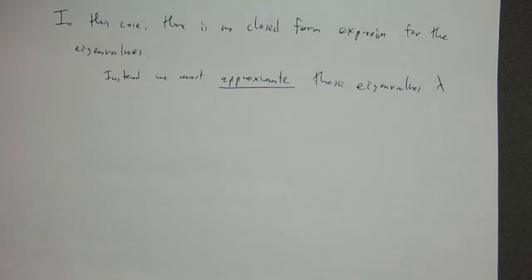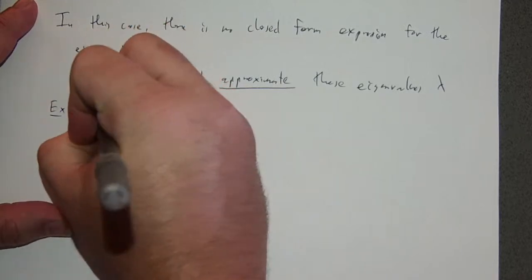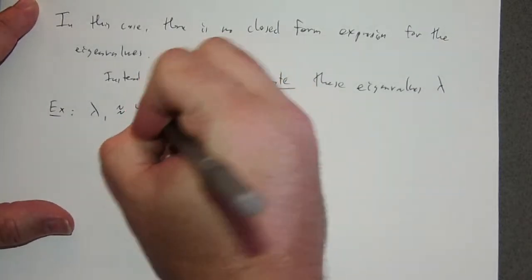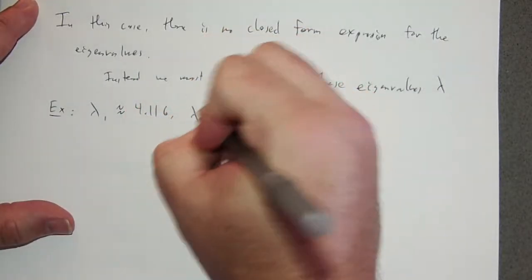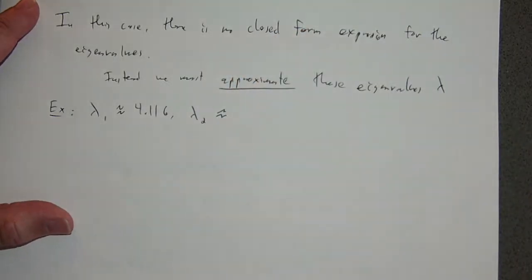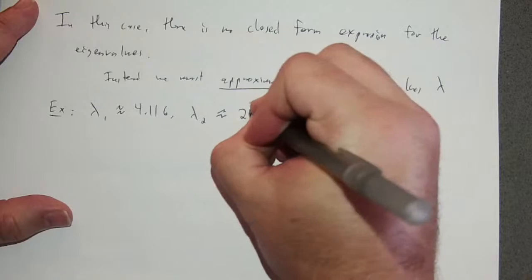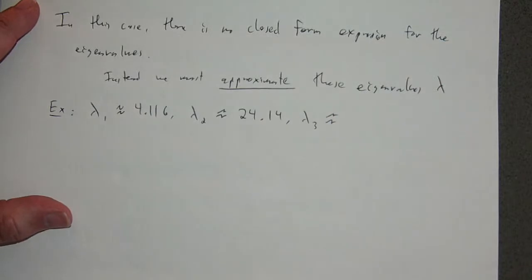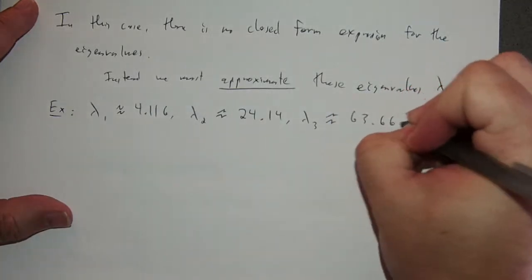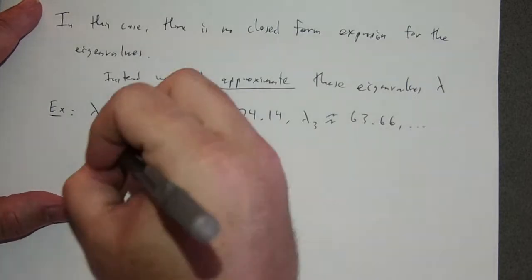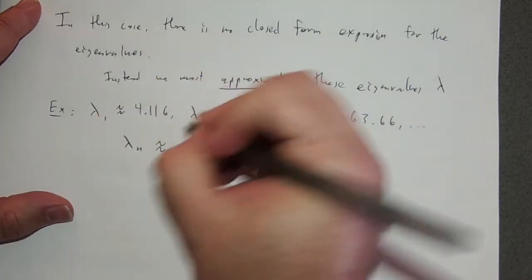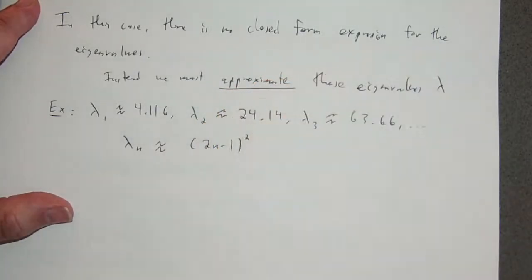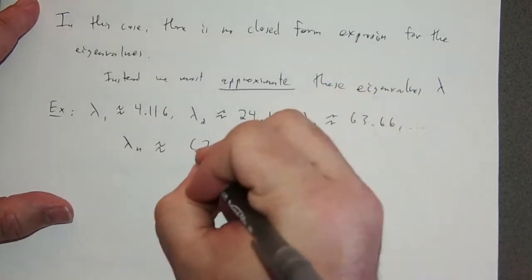And so, just for example, lambda 1 is approximately 4.116, and lambda 2 is approximately 24.14, and lambda 3 is approximately 63.66, and so on, where lambda sub n is approximately (2n minus 1) squared pi squared over 4.